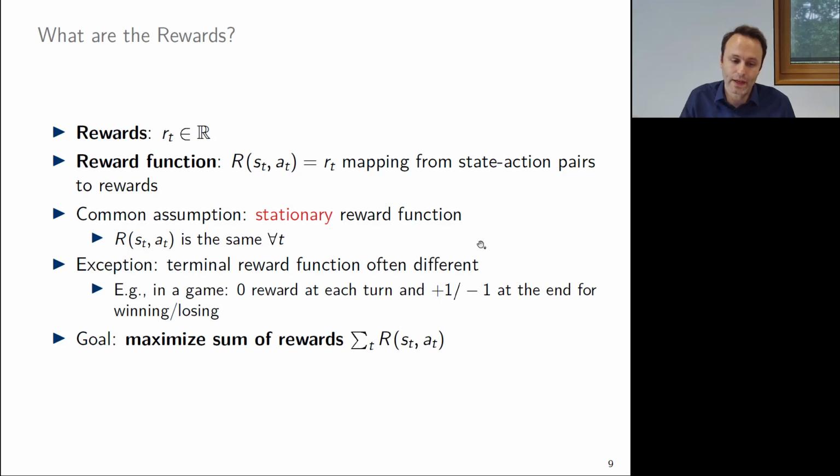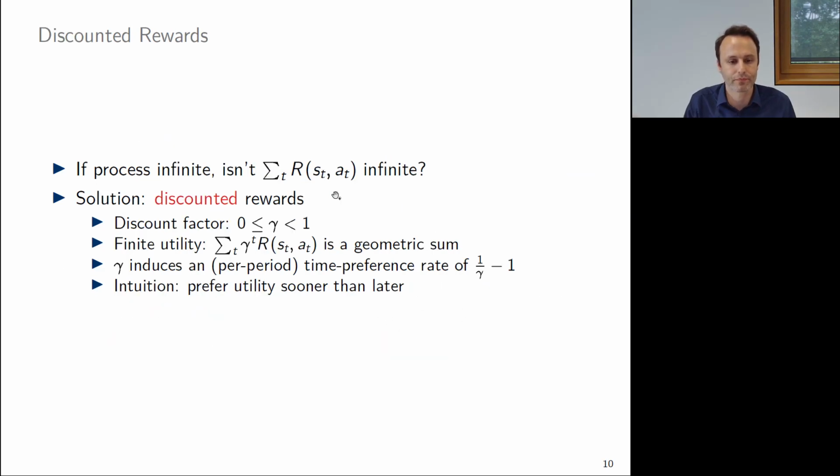Now the idea is to maximize the sum of total rewards over a long time period. So imagine you're a business owner and you don't want to go bankrupt, so you have an infinite horizon problem. And if you earn profits in every period, then your rewards will be infinite if the process is infinite as well.